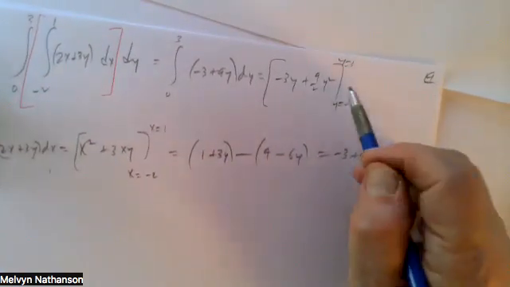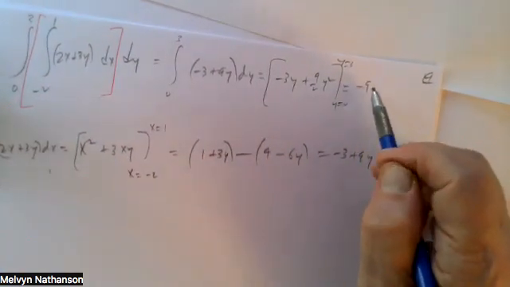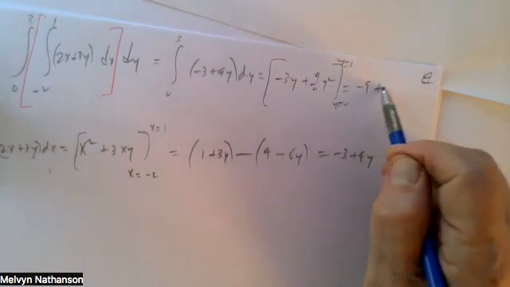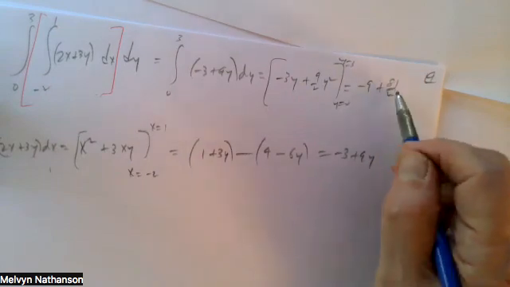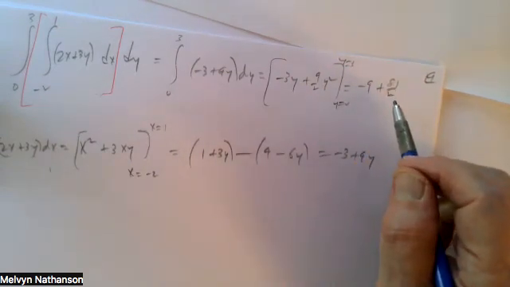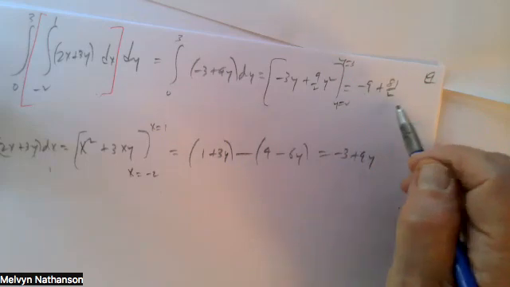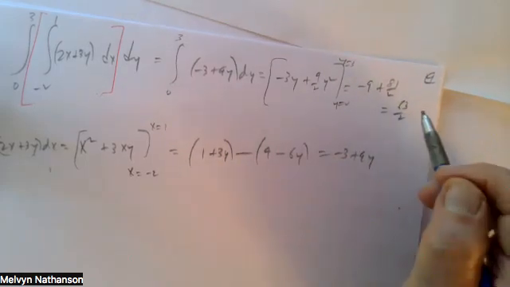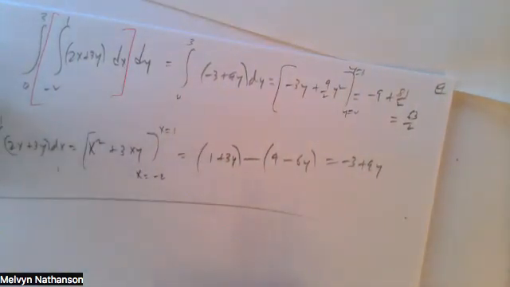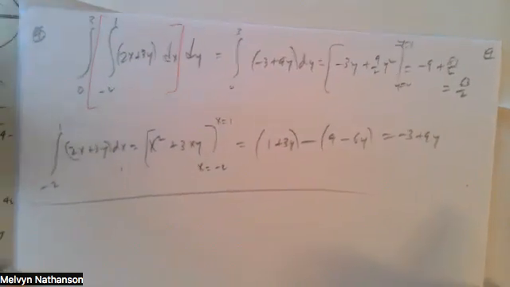When y is 3, I get -9 plus 81 over 2, and when y is 0, I get 0. So this is -9 plus 81 over 2. 81 minus 18 is 63 over 2, I believe. So if I did my arithmetic and my integration correctly, that's the answer.